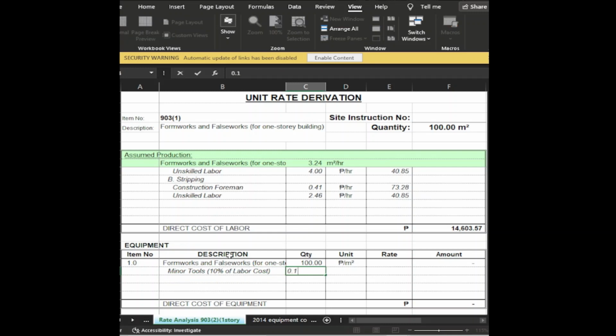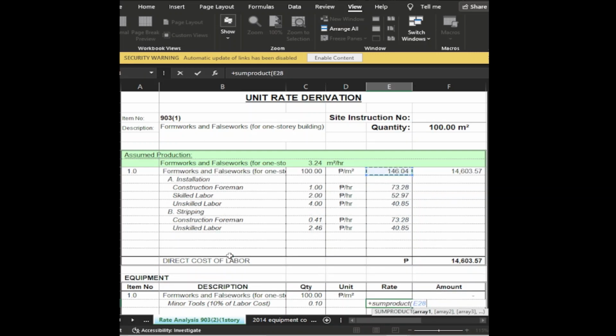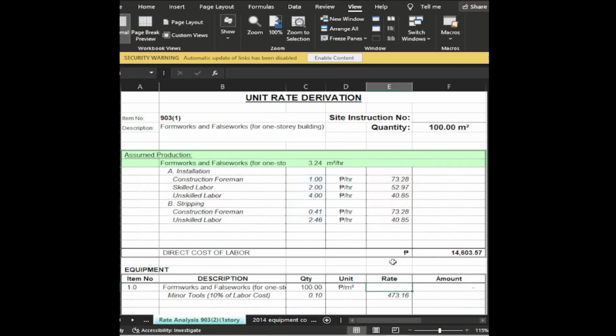So 0.1, then our labor is sum product of this one to the rate. We will convert again this one to per square meter.